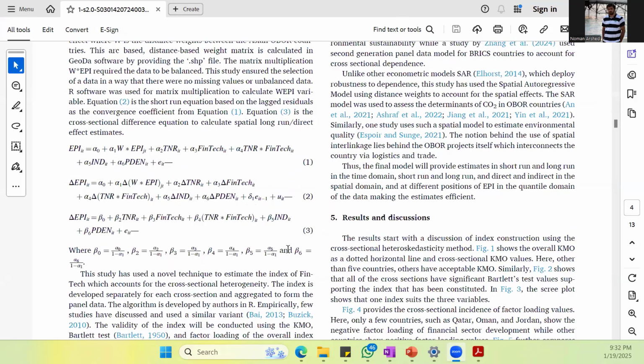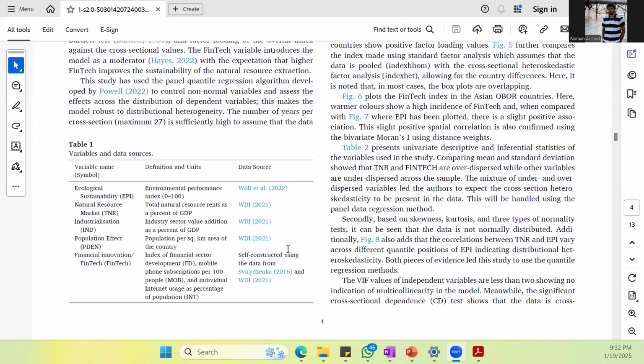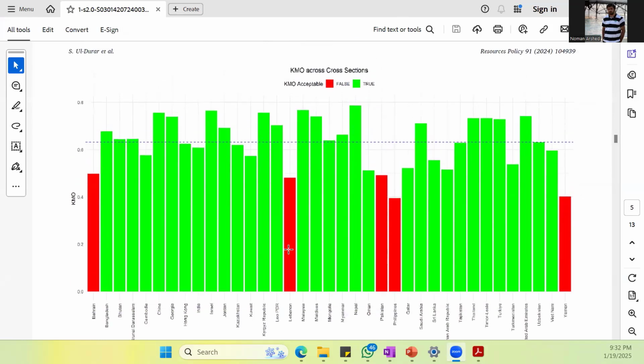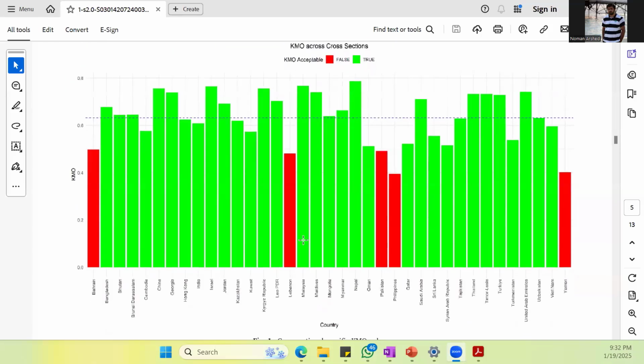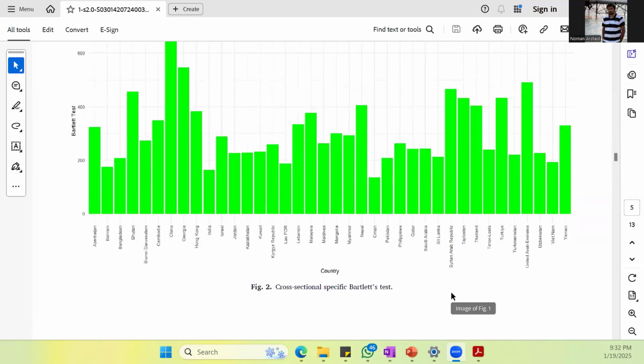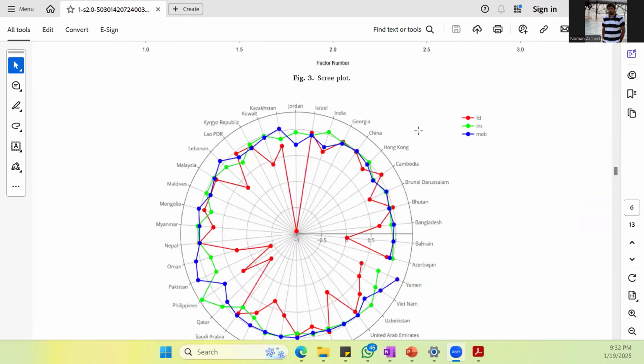The first thing I used was that I applied a new type of factor analysis in the panel data. You know that factor analysis gives you one index. So in the panel data, I applied factor analysis country-wise. It gave me country-wise KMOs, country-wise Bartlett tests, and then country-wise factor loadings. Then I added them together to make one index.